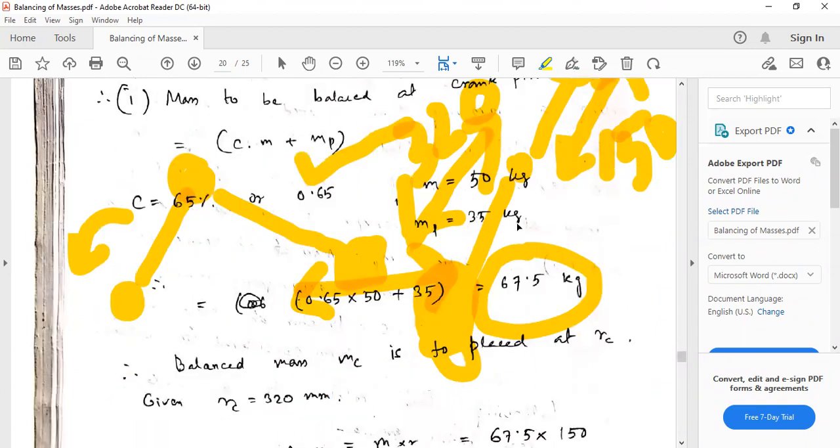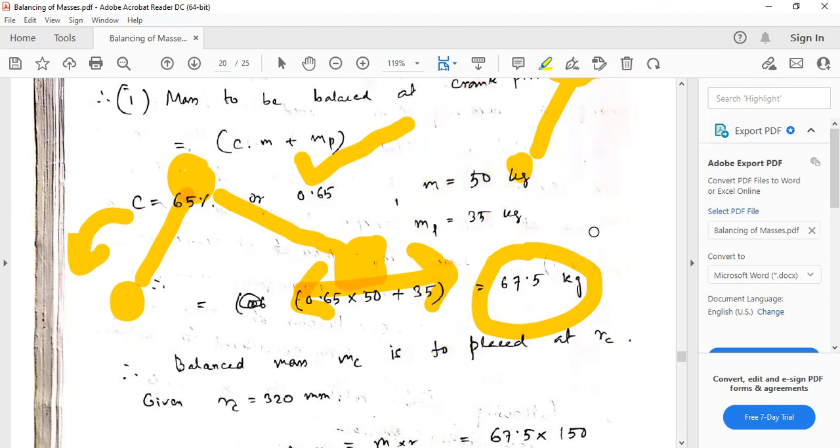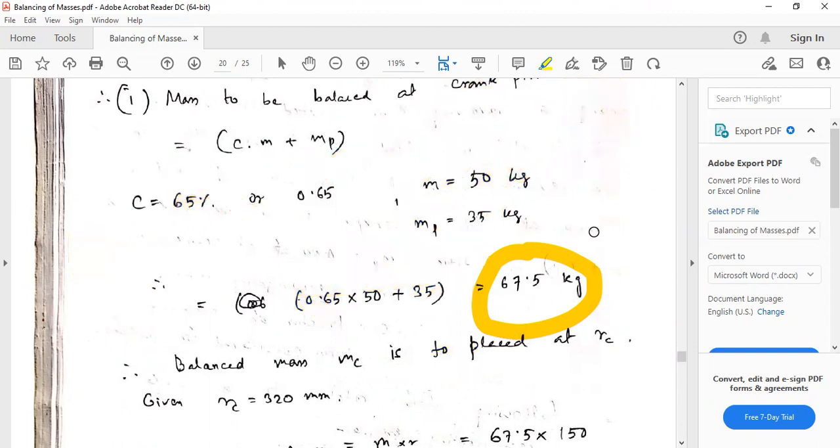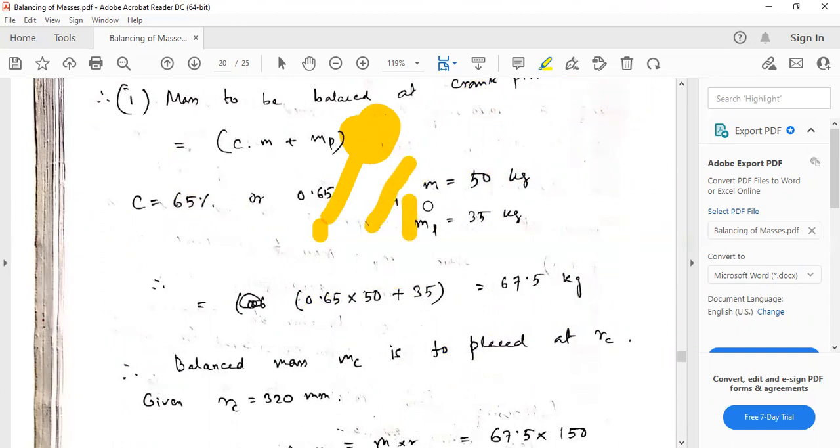Understood? You have to balance it by placing an opposite mass at a distance of 320. Finally, this is the mass, cm plus mp, at a distance of 150, and we need to find a mass here at a distance of 320.